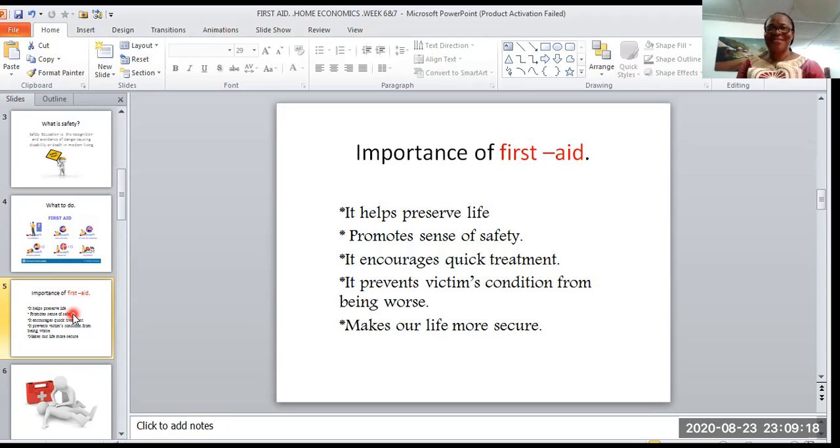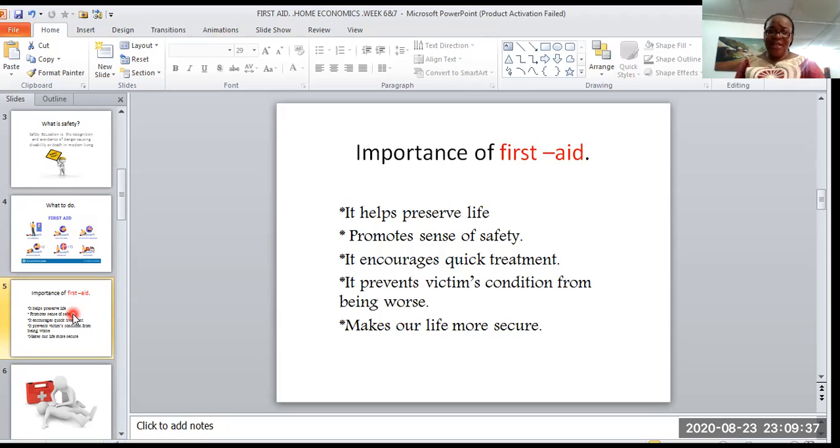First and foremost, first aid helps to preserve life. The life of the victim is preserved because help came in time.